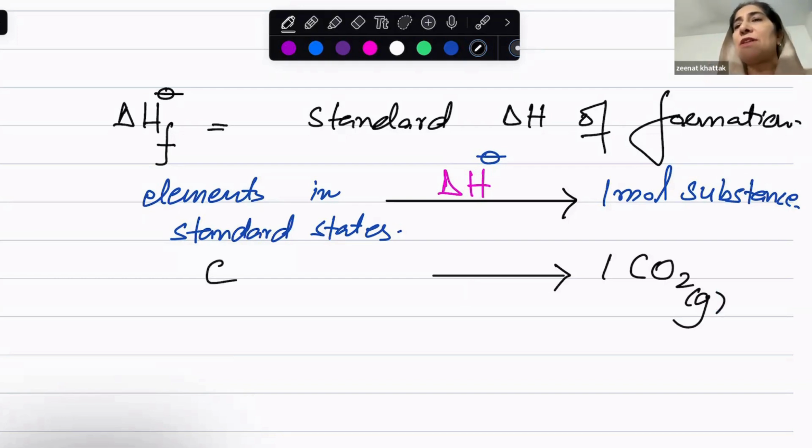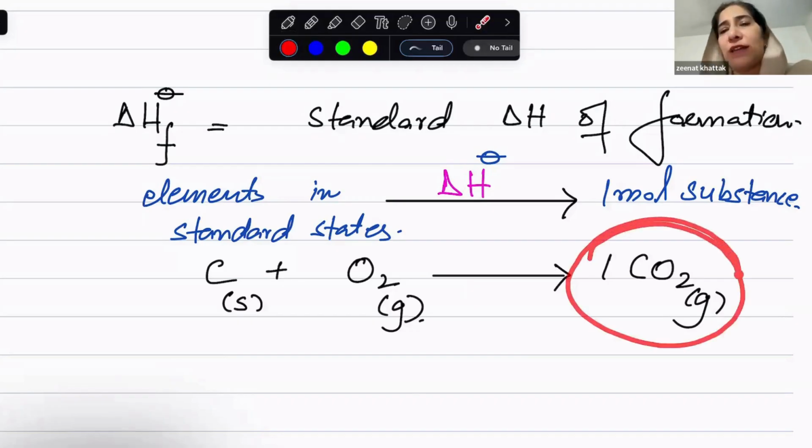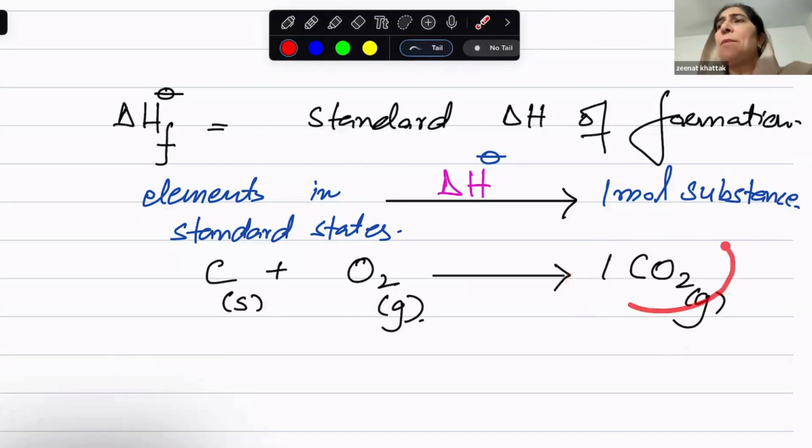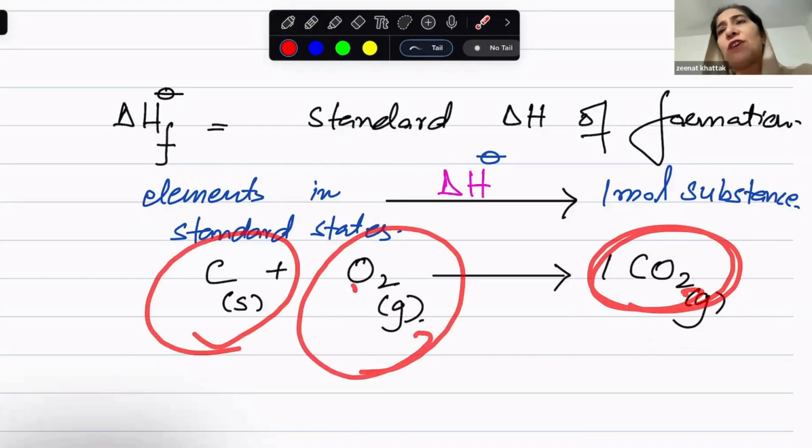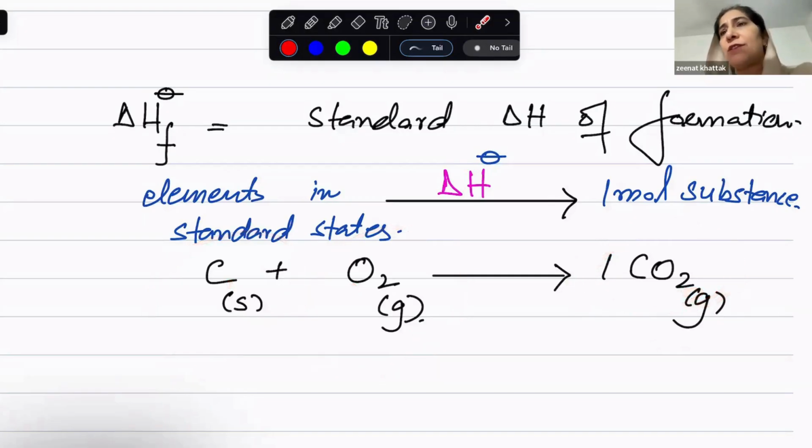What are the elements? Carbon and oxygen. The carbon is solid, the oxygen is gas. In carbon dioxide, the bonds are formed. In carbon and in oxygen, the bonds are breaking, right?